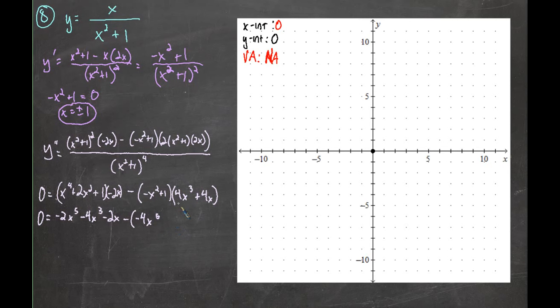And then 4x to the third minus 4x to the third, so no x to the thirds there. And then just in x terms, so plus 4x. We're getting there.